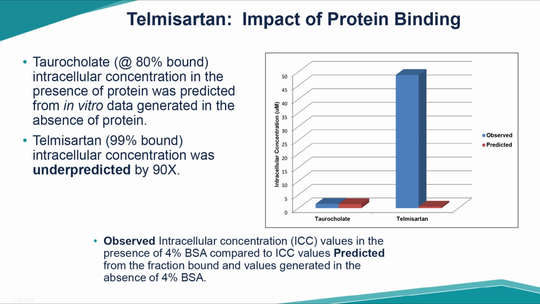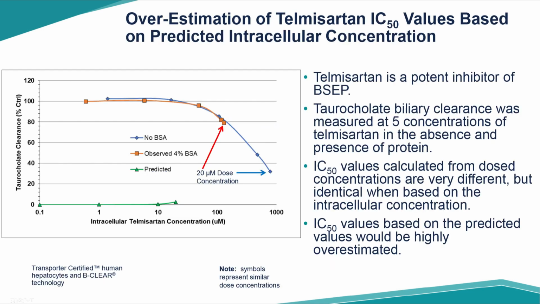So that's 2 orders of magnitude difference if you did the study in the presence of protein versus in the absence and predicted what that intracellular concentration would be. This very much emphasizes the difference you can see by doing the study in the presence of protein compared to the absence. And we went on to evaluate some more work with Telmisartan.